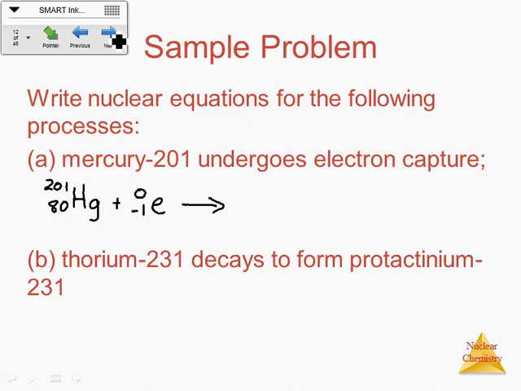Because in this process a proton changes into a neutron, whatever we end up with over here is still going to have a mass number of 201, but now an atomic number of 79. And the element with atomic number 79 is gold.